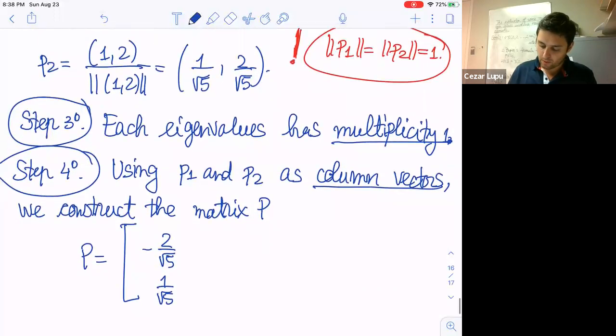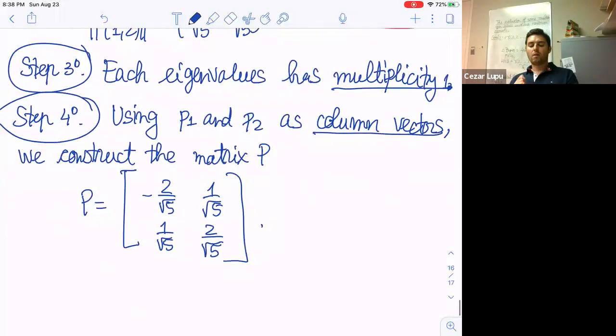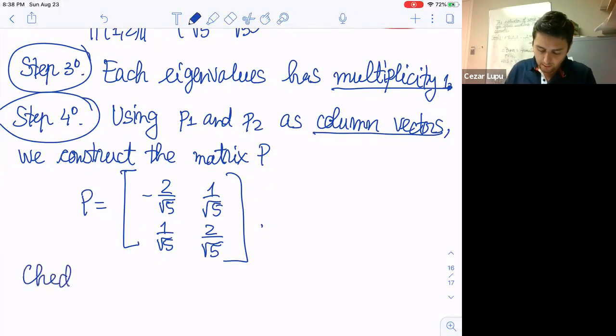And the second one will be 1 over square root of 5, 2 over square root of 5. So this is my matrix P. Well, I'll leave it to you as an exercise to check that P orthogonally diagonalizes A.